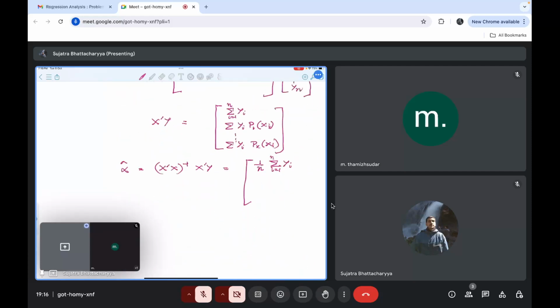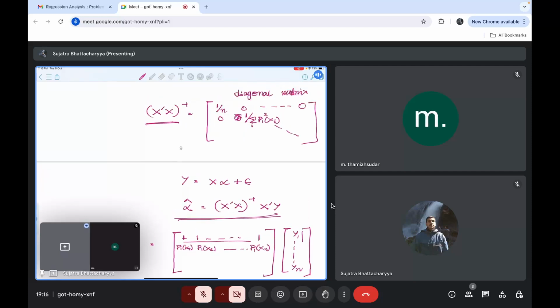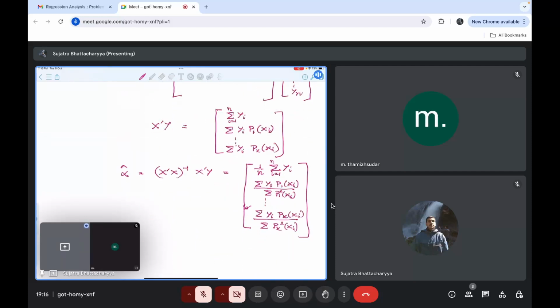So it will be summation of yi p1 xi divided by summation of p1 xi square. Okay, and so on. Finally you will write summation of yi pk xi divided by summation of pk xi square. All right. So you can clearly see from this X prime X inverse and X prime Y how the matrix will look.